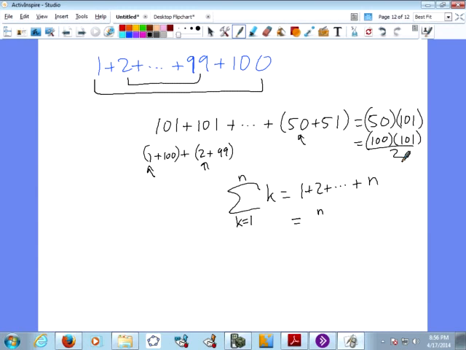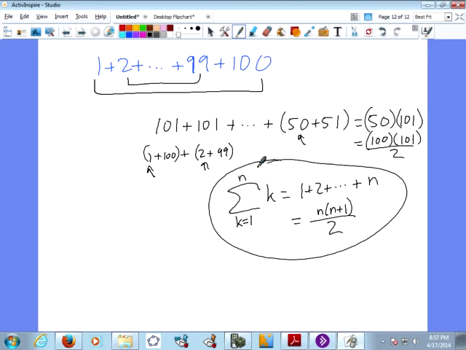It's your value of n, how many terms you're adding up, times 1 more, because the pairing gives you the 1 more. So that's n times n plus 1 over 2. Now k goes from 1 up to n, that's just the shorthand that says add up 1 plus 2 plus 3 up to n. And we get this formula for adding up consecutive integers.